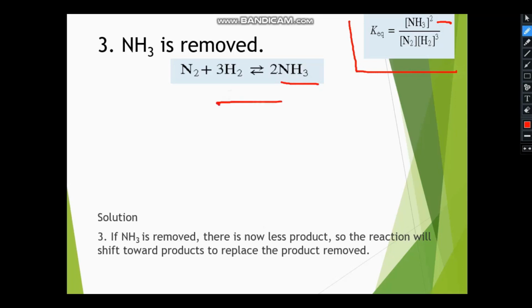The reaction will shift towards the product so that the numerator is increased. And this is what we are saying in our solution here: if ammonia is removed, there is now less product, so the reaction will shift towards the product to replace the product removed.